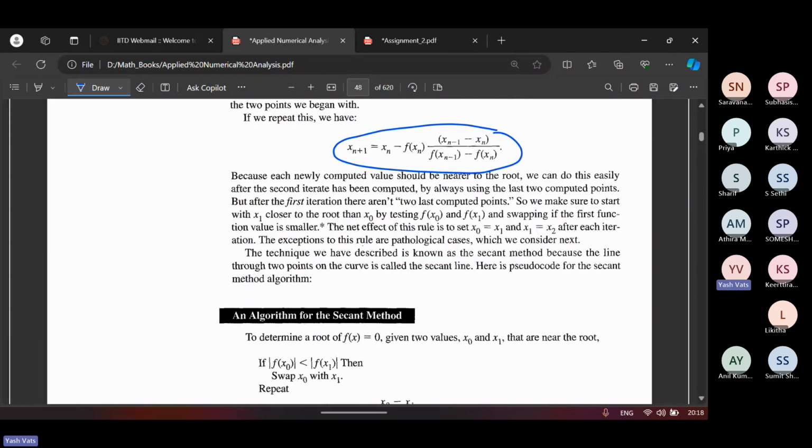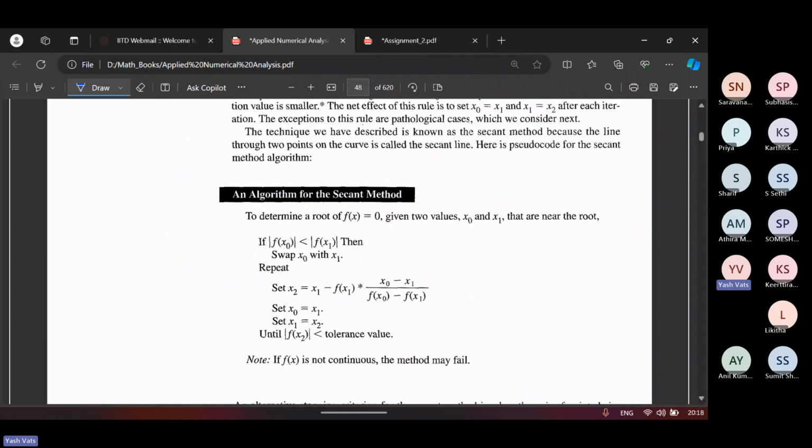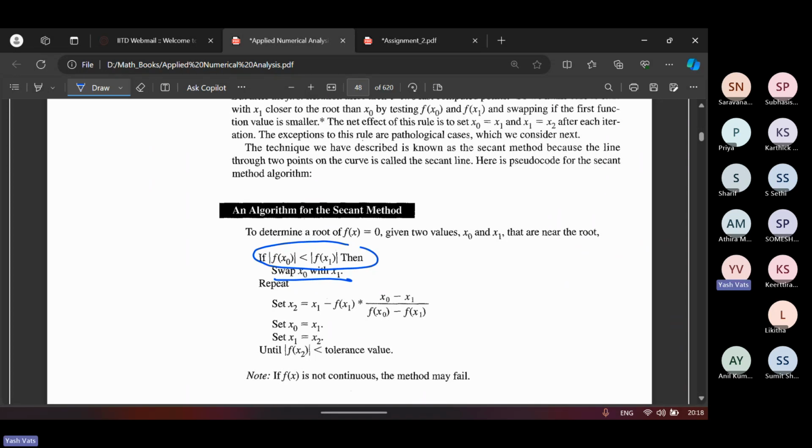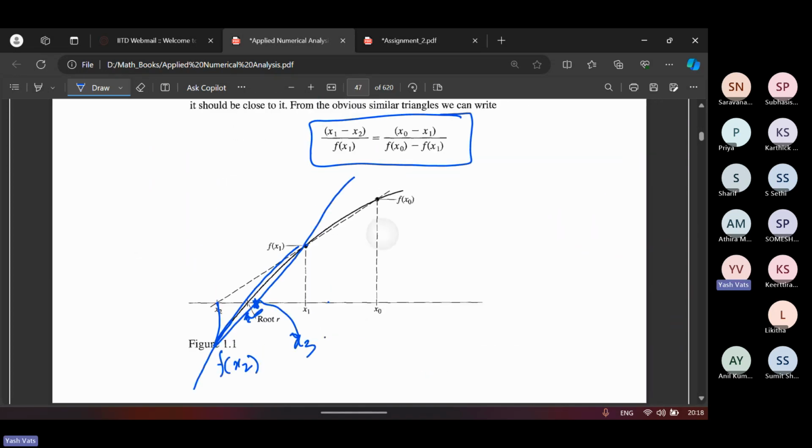And what more does it say? There is a condition in this method that if the absolute value of f of x naught is less than the absolute value of f of x1, then you have to swap x naught with x1. This is the first condition, otherwise you don't need to. So here the function value at x naught is greater than the function value at x1.